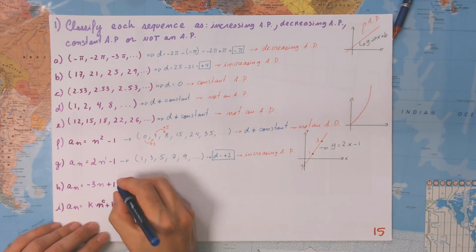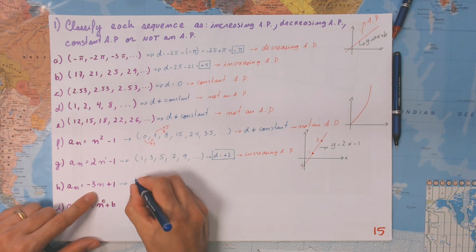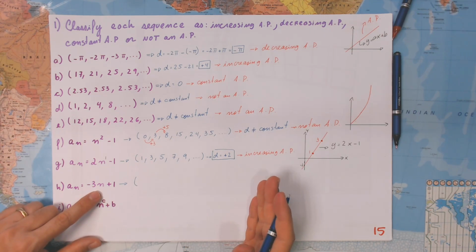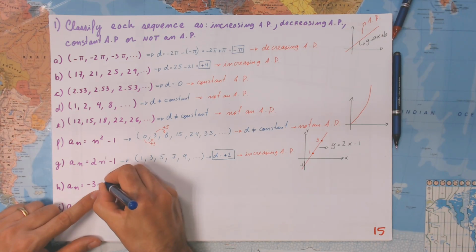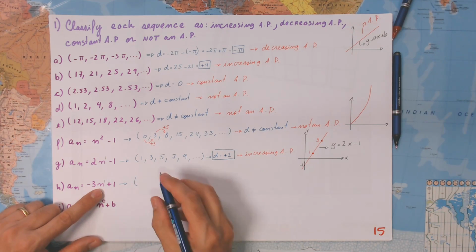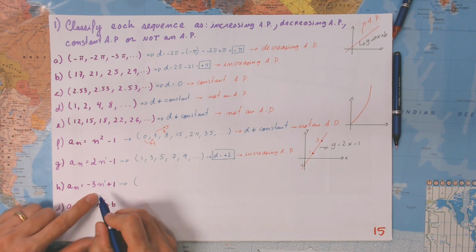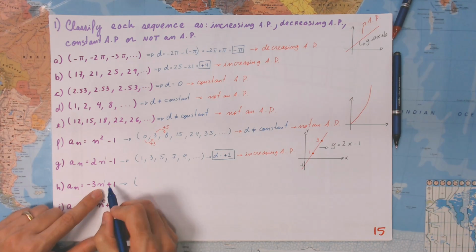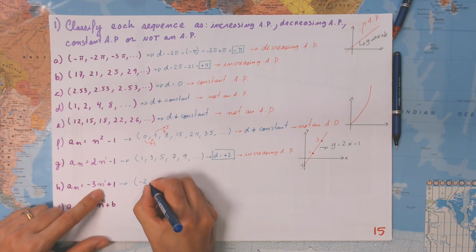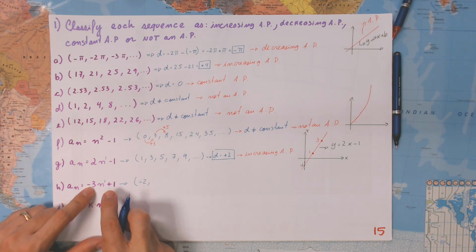Now let's go to this next one, -3n + 1. We know that because this is first degree order, n to the power 1, it is going to be one. But if you don't know it, let's do it. N equals 1, minus 3 plus 1, minus 2. N equals 2, minus 6 plus 1, minus 5.